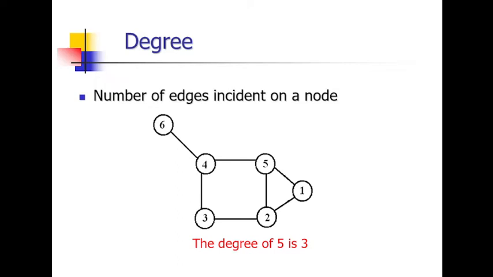That is the total degree. You can see that particular example over here. Node 4 has degree 3, that is, 3 edges are connected to node 4. Node 6 has only one connection, that's why its degree is 1.